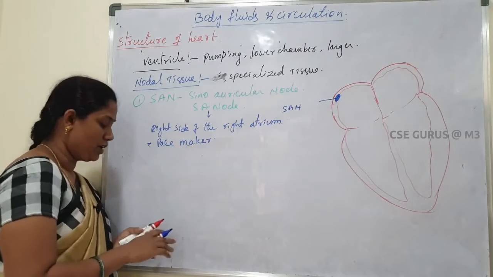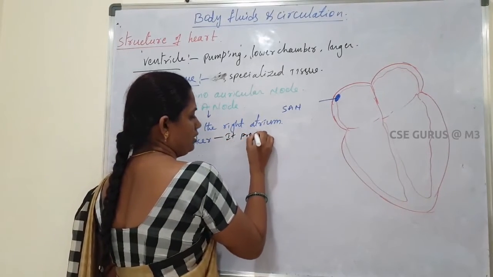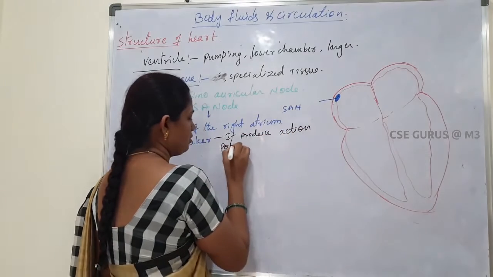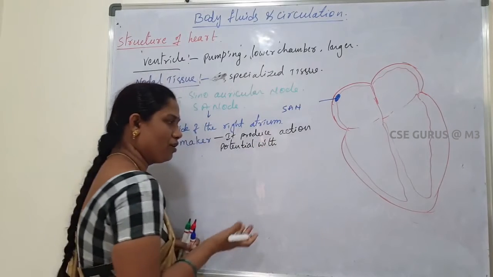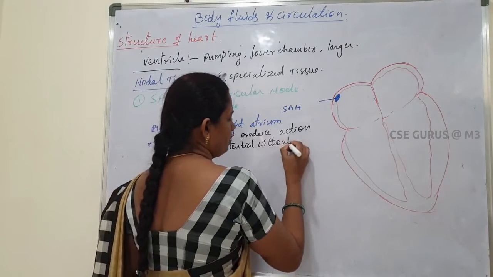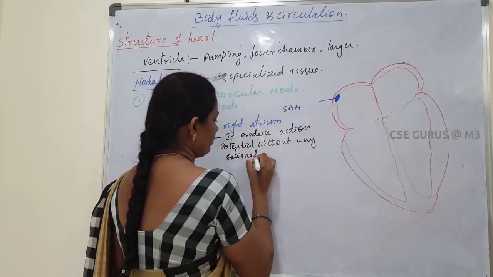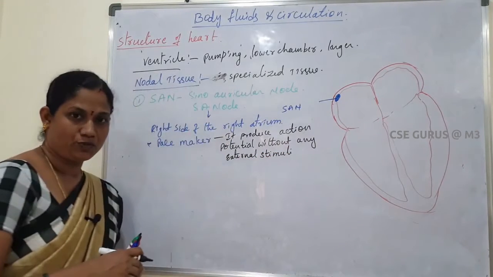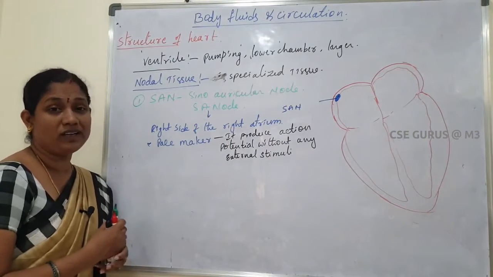That's why it is called the pacemaker. That's why the heart is also called an auto-generating or auto-controlling organ.